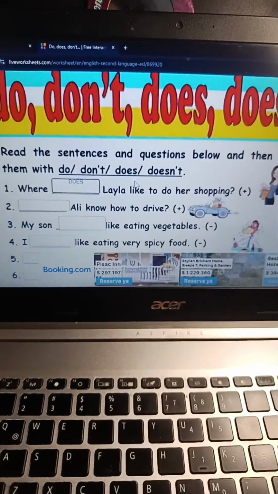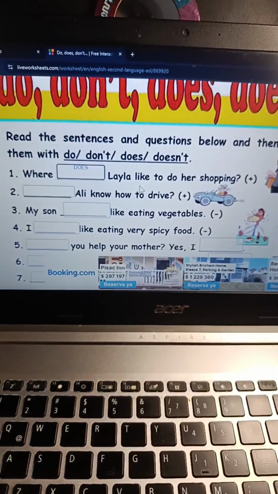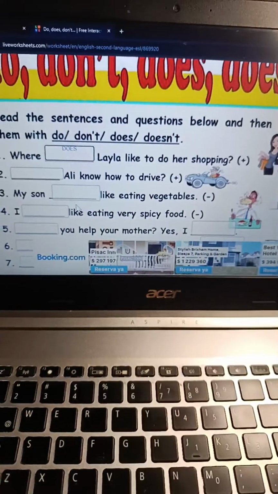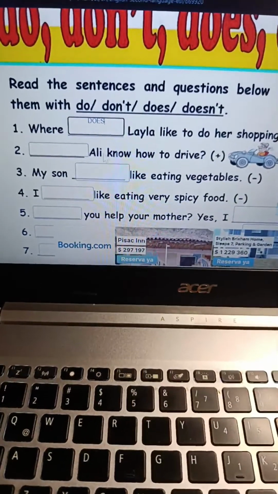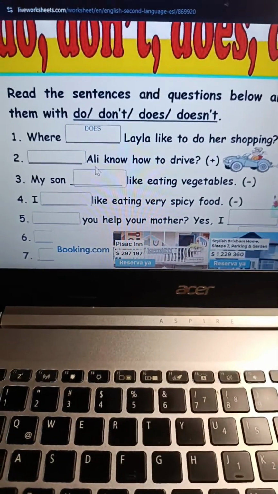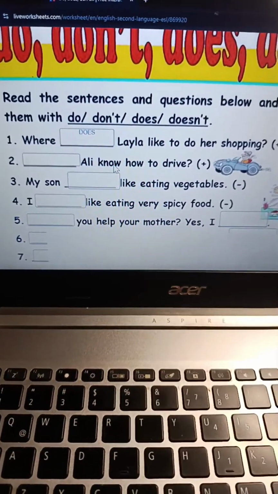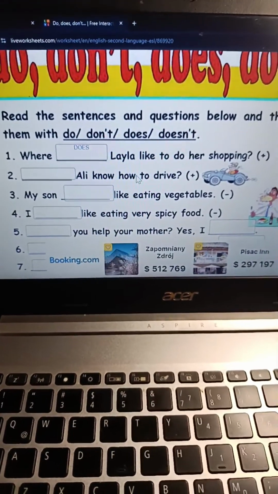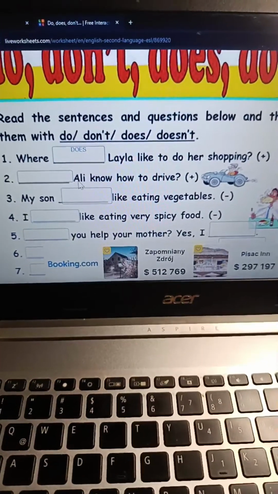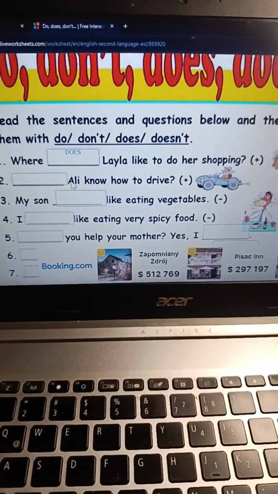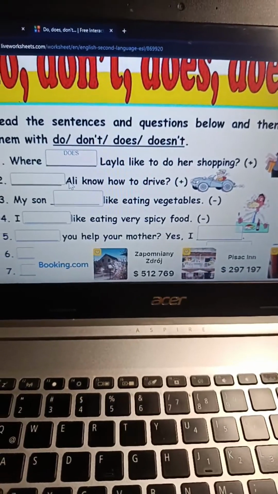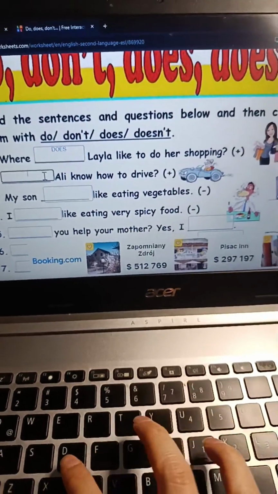Let's continue with number 2. Analyze number 2 and help me in the chat, please. Number 2. This is another question. Look at the question mark. So it says, Ali know how to drive. Ali can be the name of a woman, for example, of a girl. So which word would you write?